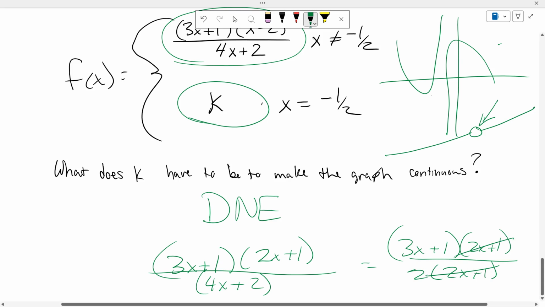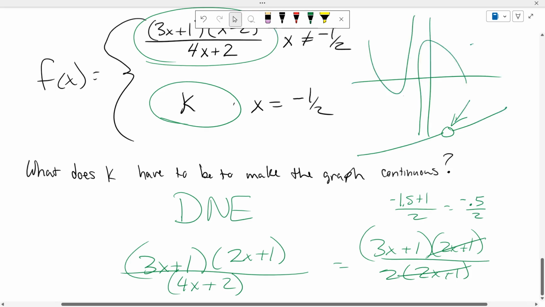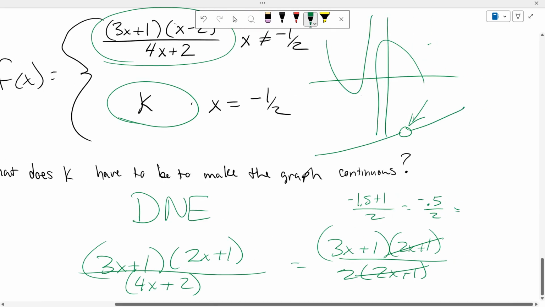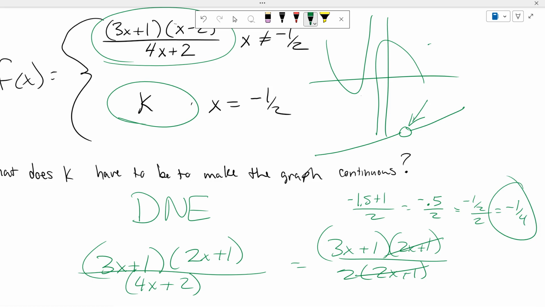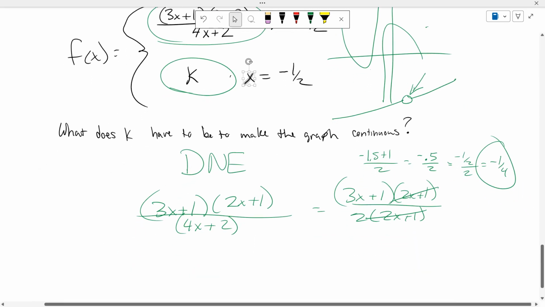If I put a negative 1/2 in here, 3 times negative 1/2 is negative 1.5 plus 1 over 2, which is negative 0.5 over 2, which is negative 1/2 over 2, which is negative 1/4. So negative 1/4 would be the number where it would work. That would be the limit as x approaches negative 1/2. So that's what would make it a continuous function.